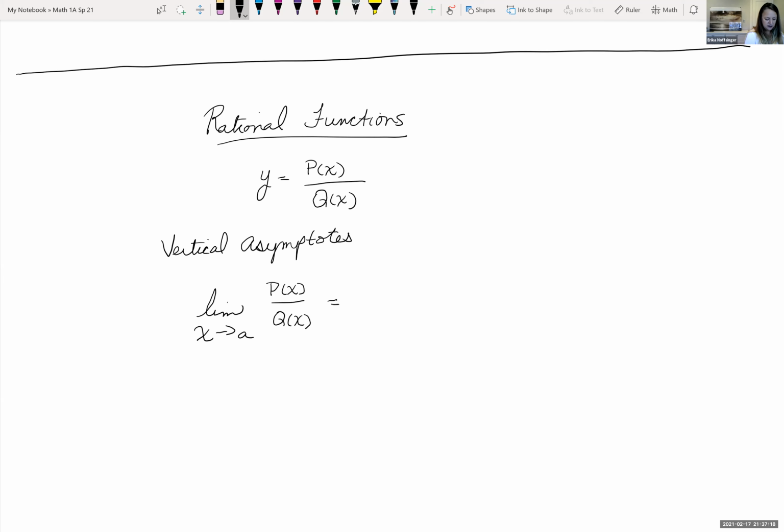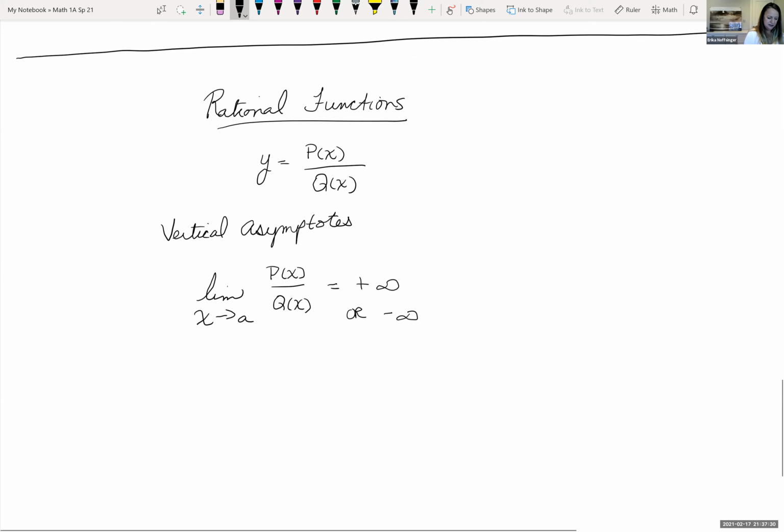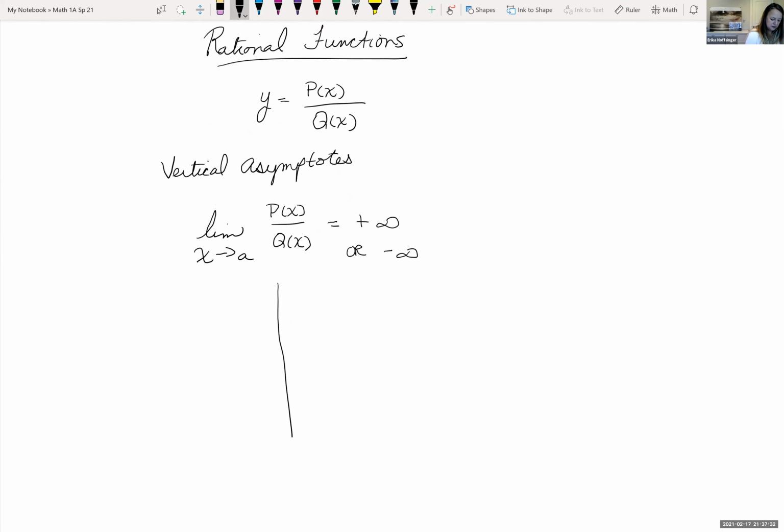This can either go to positive infinity or negative infinity. And so if I was looking at this graphically, a couple of different things could happen, but let's say we had a vertical asymptote here at x equals a. Let me move a over.